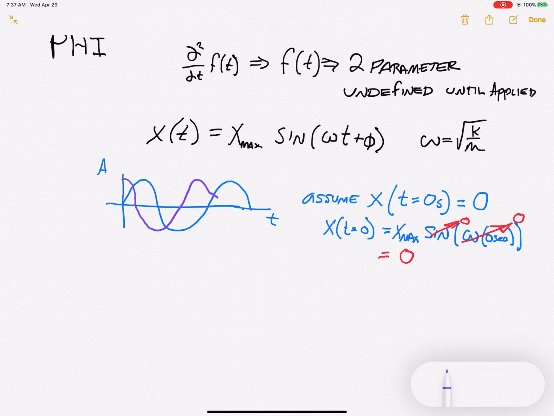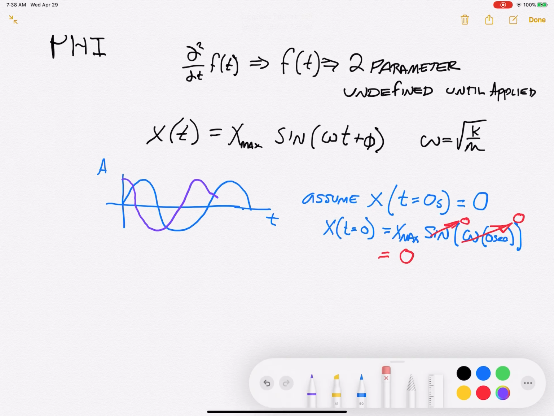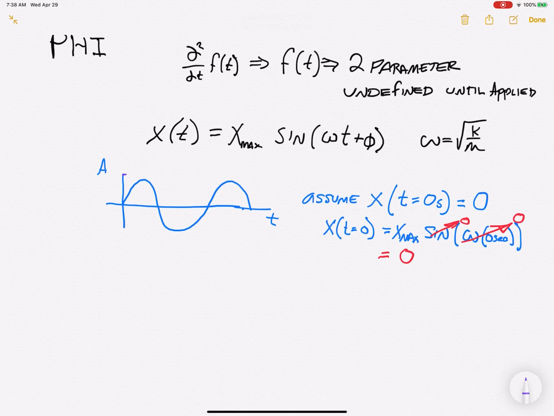If we do a cosine function, it goes to 0 when sine is at a maximum. When sine is equal to 0, cosine is at a maximum, and so forth.